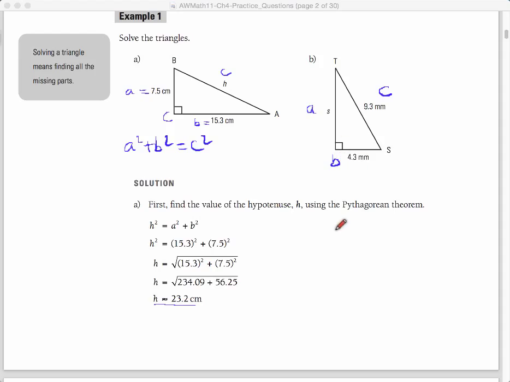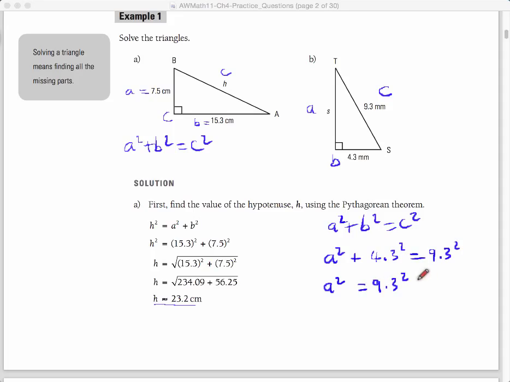So again, we set up our a squared plus b squared equals c squared. And it's the a side that we're trying to find. So we'll fill in what we know. A squared plus 4.3 squared equals c squared, 9.3 squared. We can move this 4.3 squared to the other side.